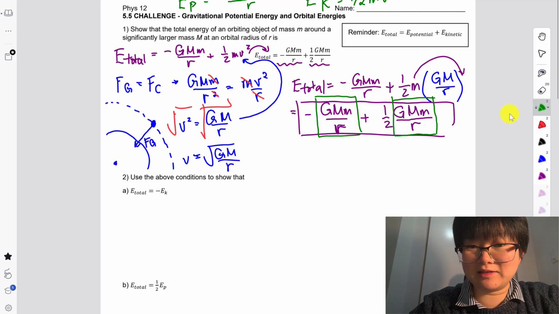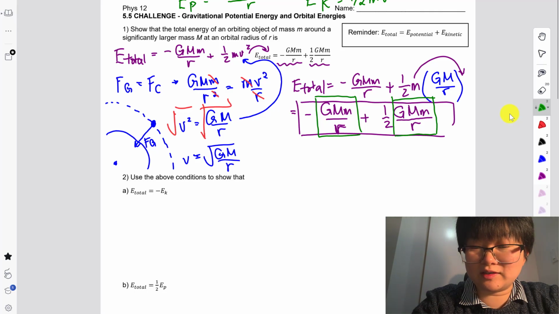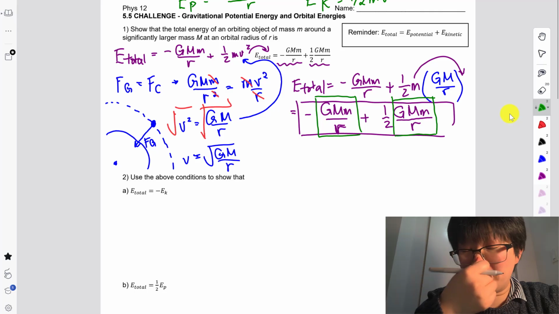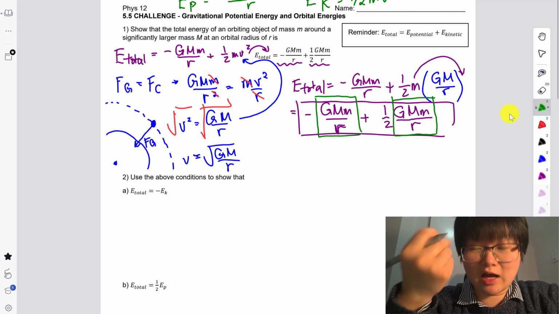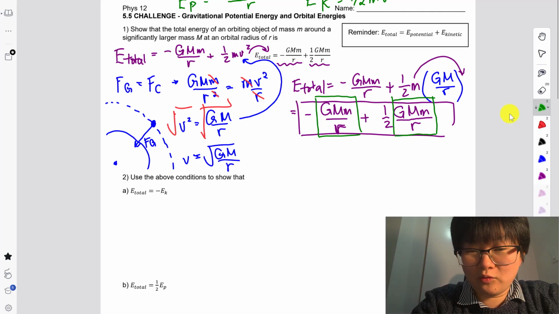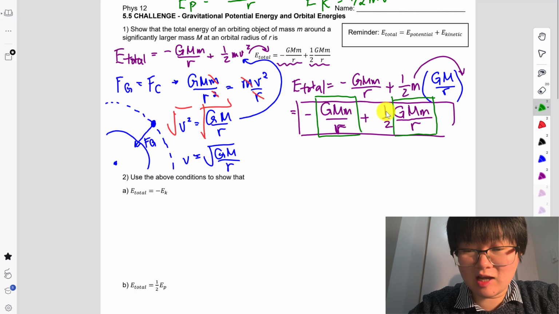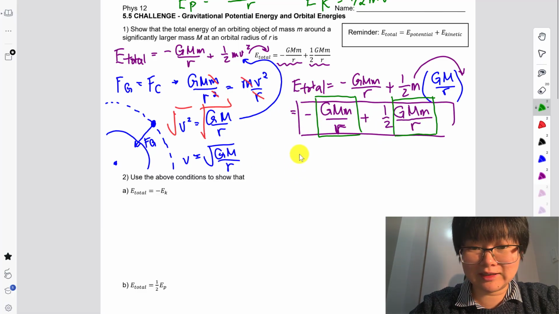Okay, and if we just treat this as a big hunk of metal, treat it as a variable, a block or whatever, then what this is trying to say is that a negative 1 of that, plus a positive 1/2 of that is your total energy.